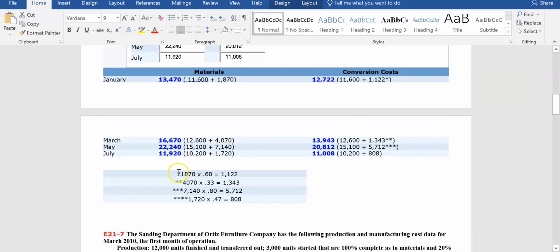If I were to multiply the units in ending work in process in January times the percentage completion, I come up with 1,122 equivalent units. What that means is if the company had only applied conversion cost to those units that were in process at the end of January and only made whole units before starting a new inventory item, they could have made the equivalent of 1,122 whole units.